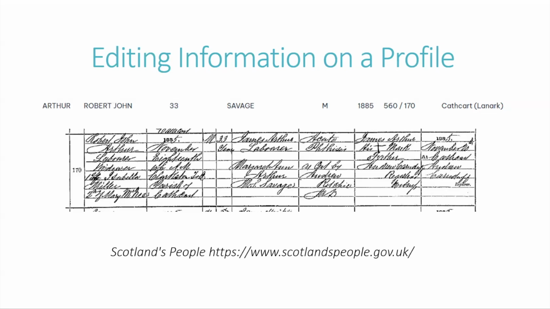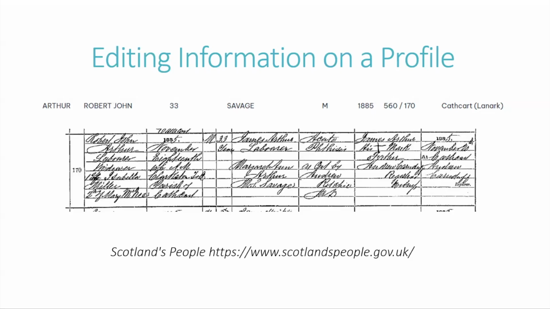And so what I always do is I look at ScotlandsPeople. And sure enough, when I started to search on ScotlandsPeople, I found a record for that second child, Robert John. Now, I started off, of course, by putting in Arthurs because that is the recognized surname.